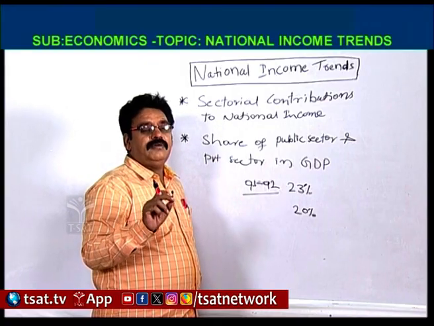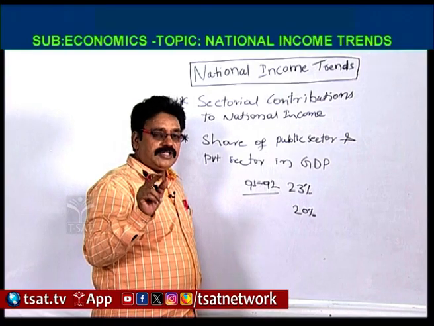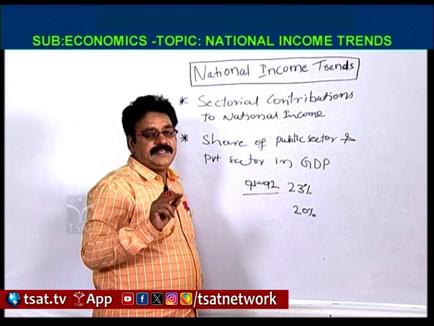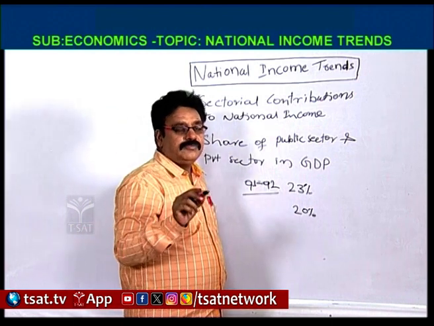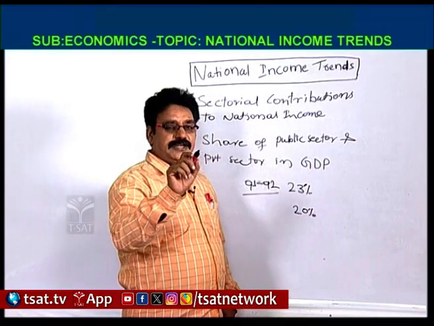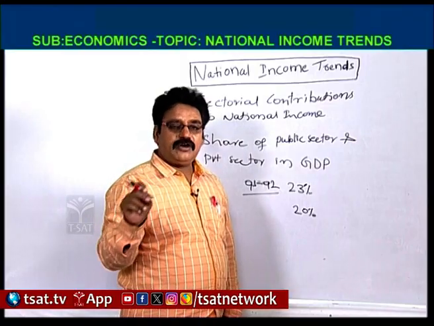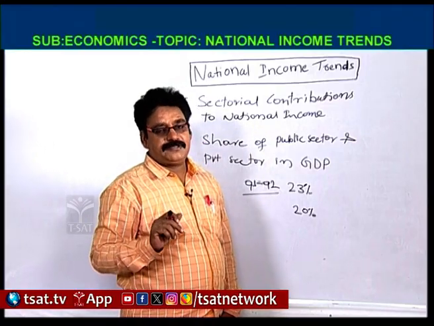This is the share of public and private sector in GDP according to 1999-2000 prices, when the base year was 1999-2000. After that, the base year changed to 2004-05, and now 2011-12 is the base year.